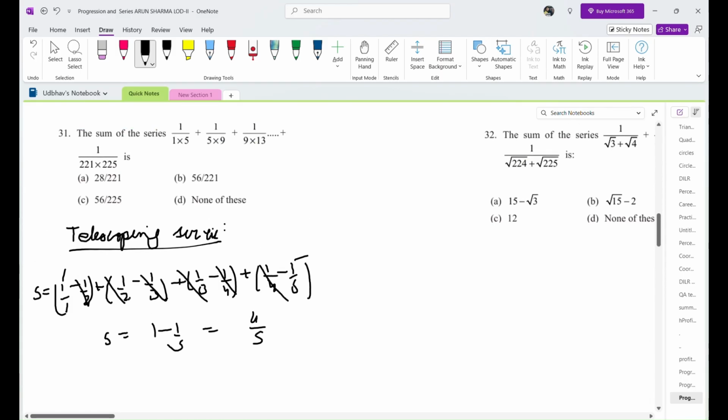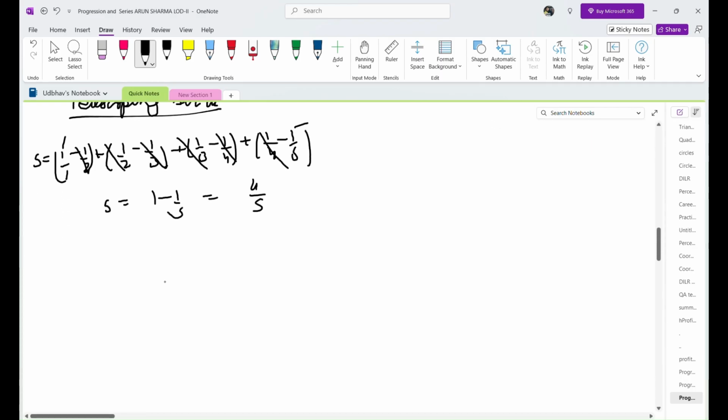This type of series is called a telescoping series. The general form of these telescoping series looks like 1 upon n into n plus 1.